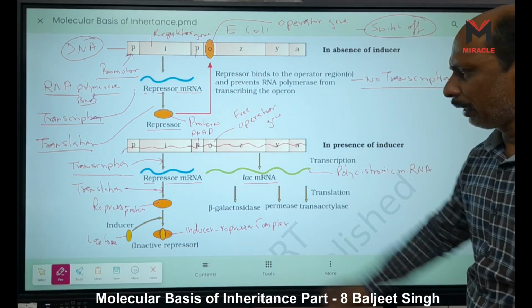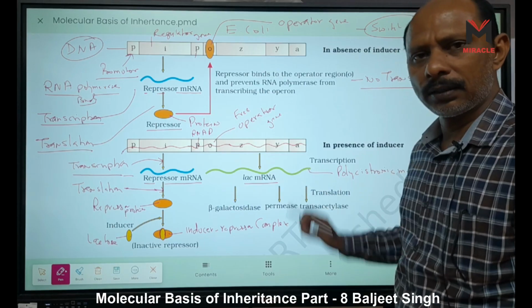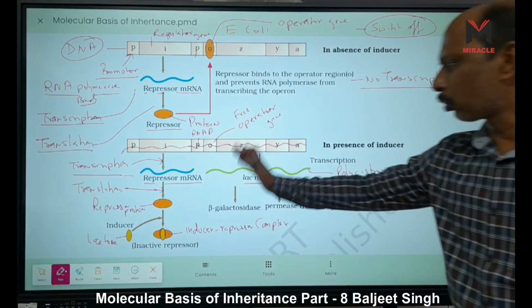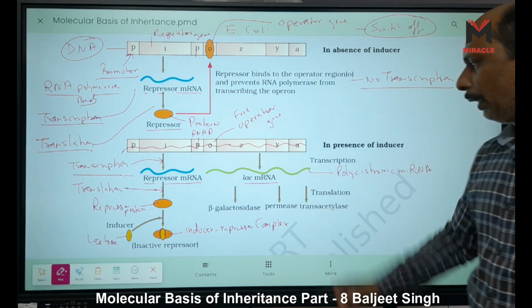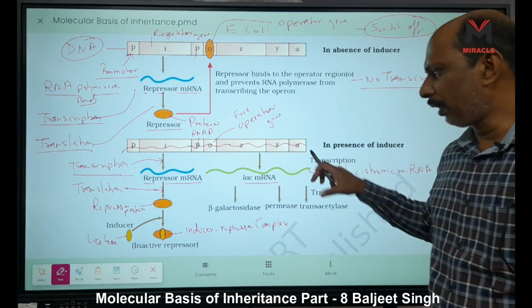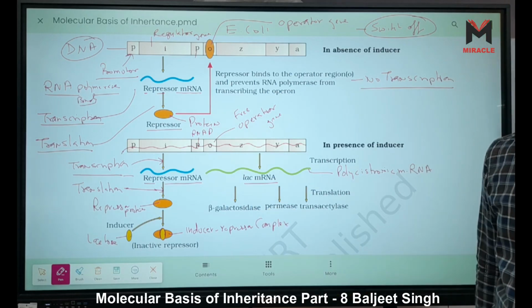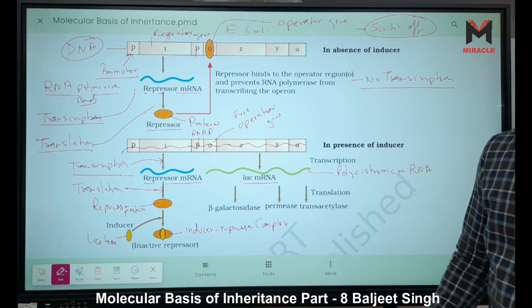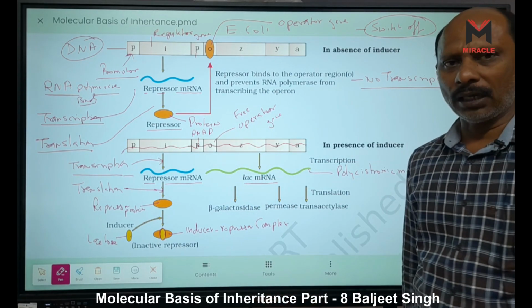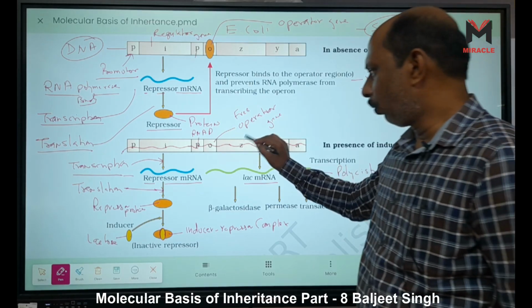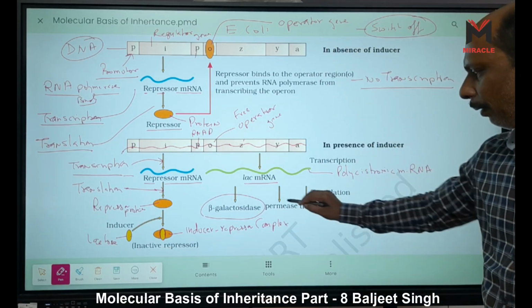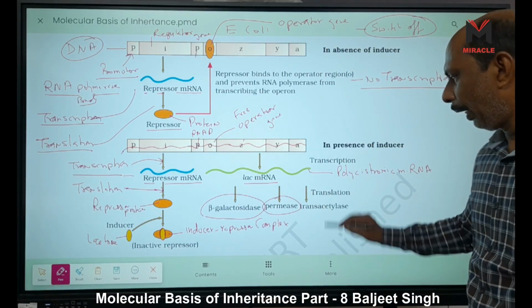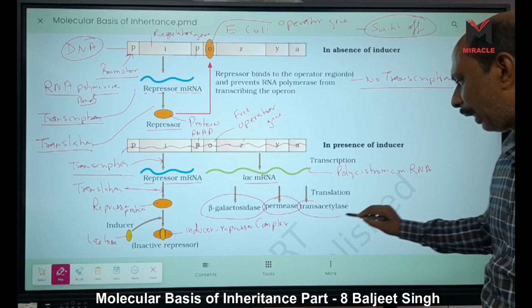Polycistronic mRNA, because it contains three different genes, three different cistrons. Three different cistrons means ZYA, and through these three genes, three different types of proteins are formed, or we can say polypeptide chains, or enzymes. From Z, beta galactosidase is formed. From Y, permease is formed, and from A, transacetylase is formed.